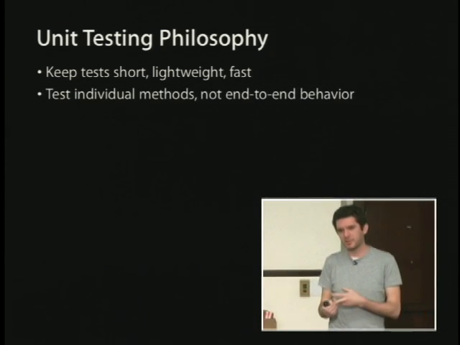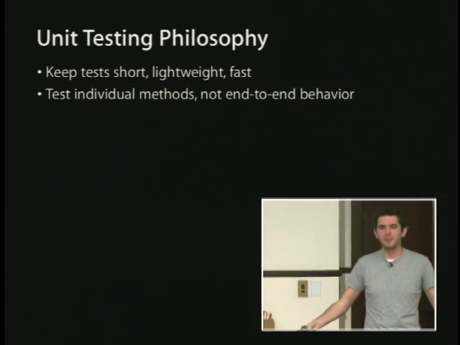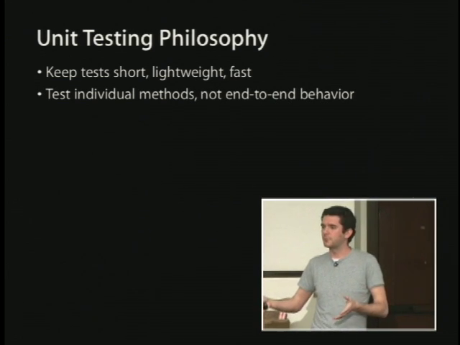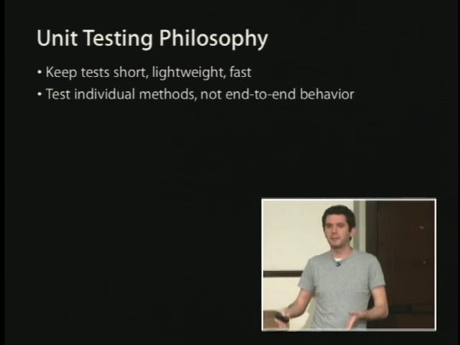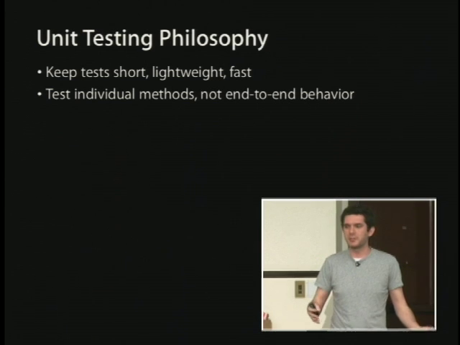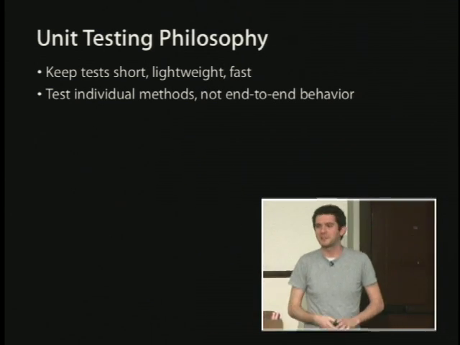You also want to try and test individual methods, not necessarily full end-to-end behavior. This kind of goes along with what we were just talking about with testing a subset of your functionality. For example, you probably don't want a single test case that verifies that your game launches, plays through every single one of its 100 levels, and shows the final splash screen correctly.